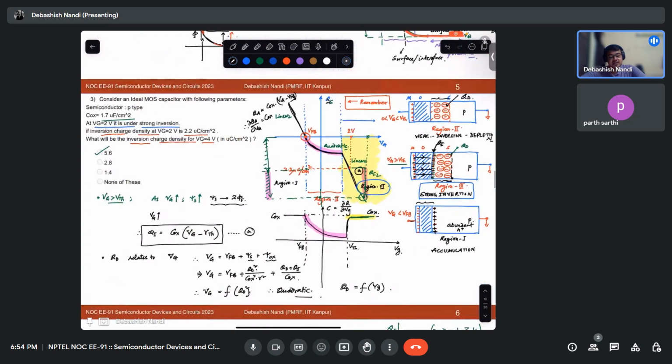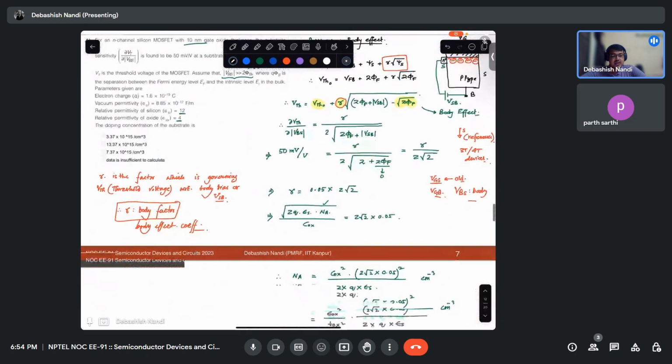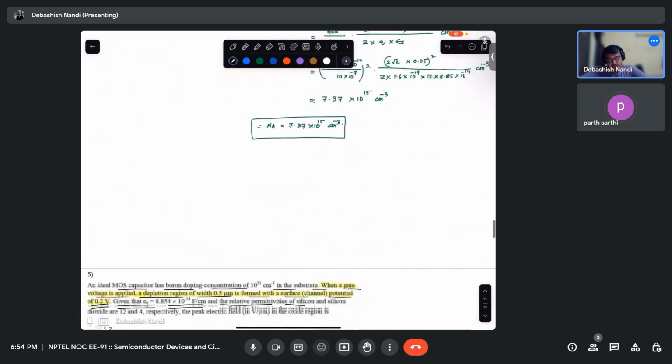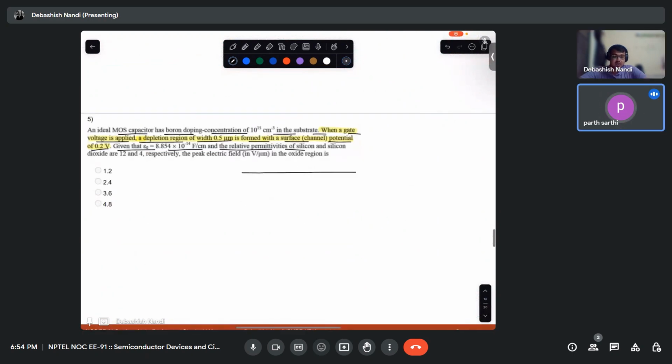If you have a depletion region formed, it will be in one of these, which means it is more than flat band. That much we are sure of, but whether it is in strong inversion or not, we are not sure, because at strong inversion my depletion region will not increase, and no information has been given in that regard.